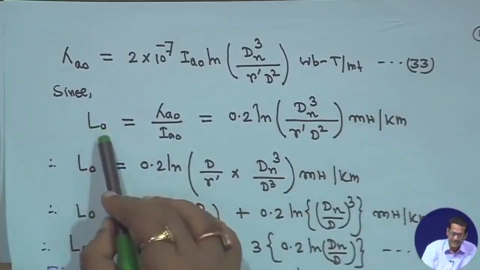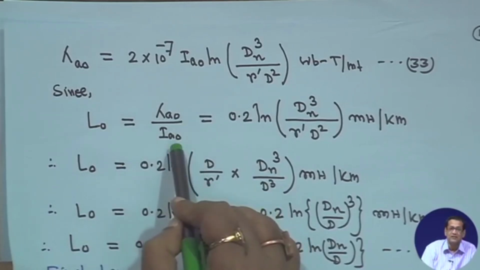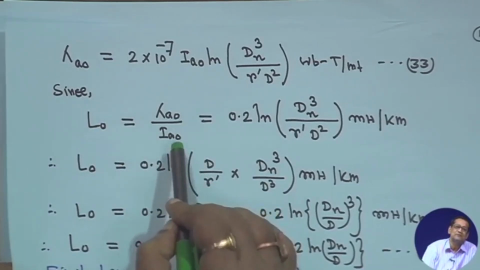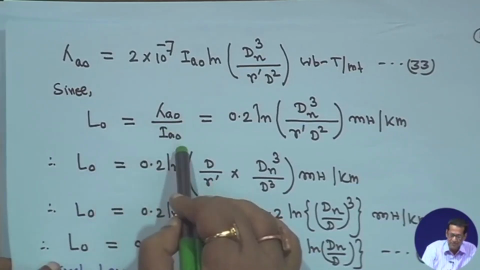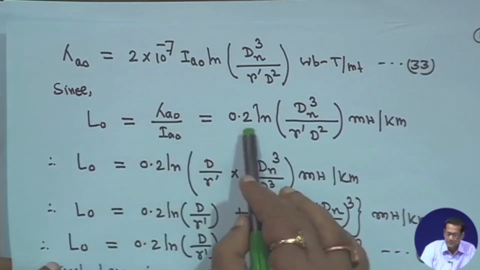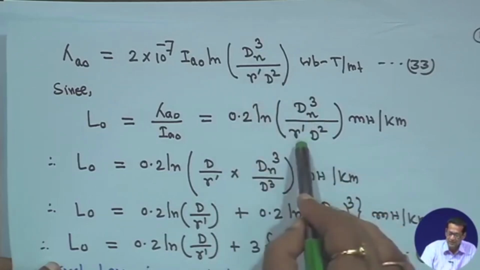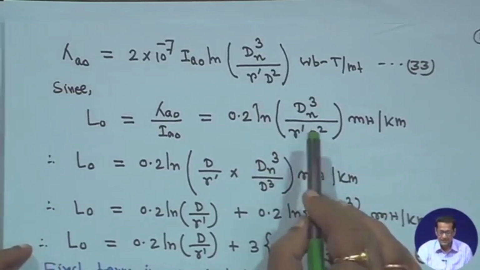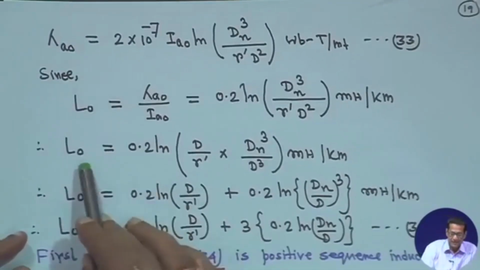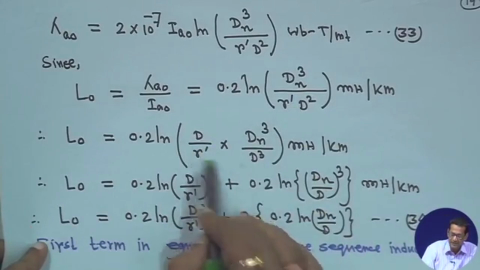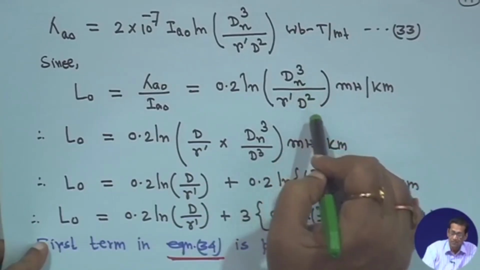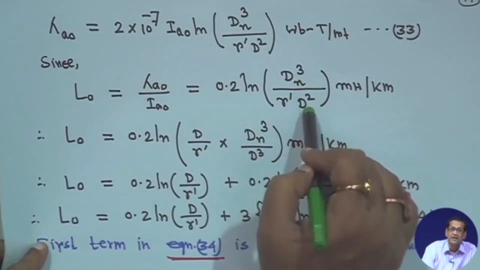Now, since L_0 = lambda_A0 / I_A0, as we have seen this lambda by I several times in the inductance chapter, L_0 = 0.2 ln (d_n^3 / (r' d^2)). This part can be written by multiplying numerator and denominator by d.